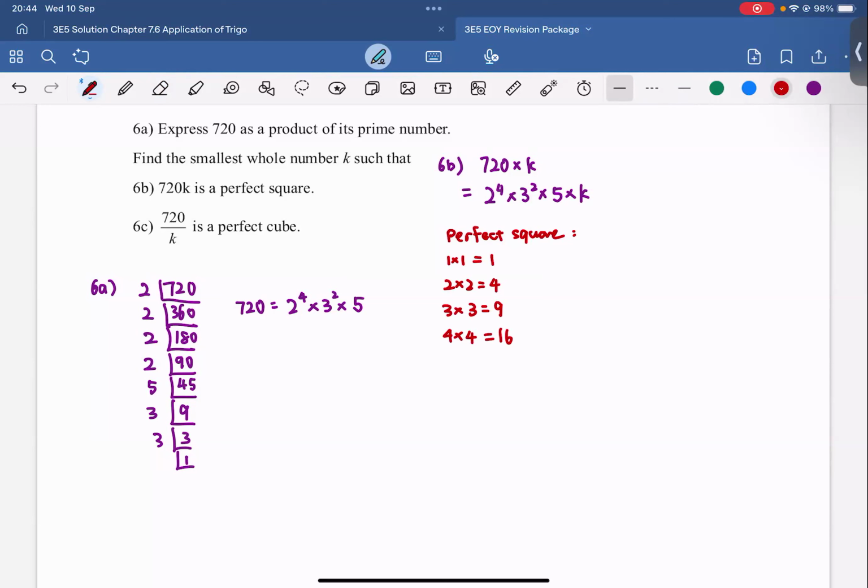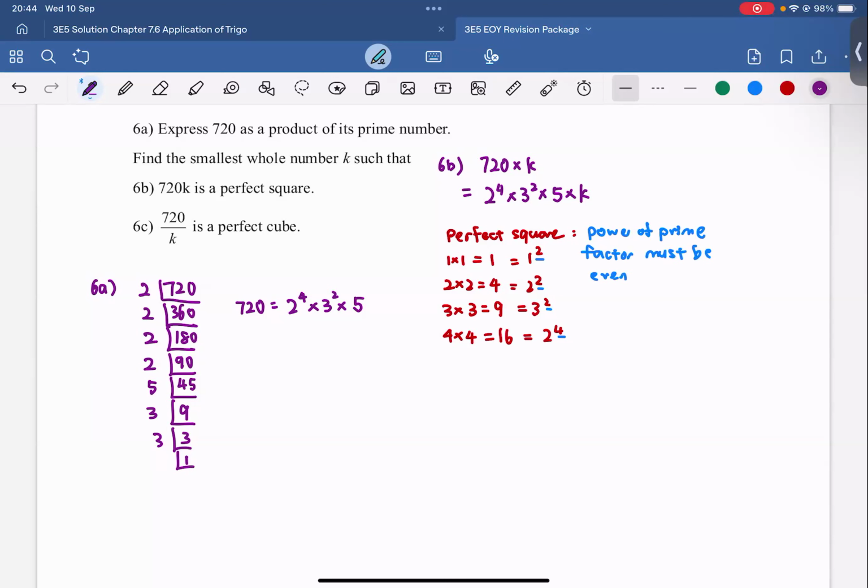So these are your perfect squares. So what is the characteristic of perfect squares? You can see when you prime factorize, the power must be even. Power of prime factor must be even.